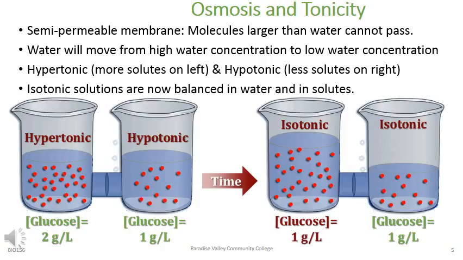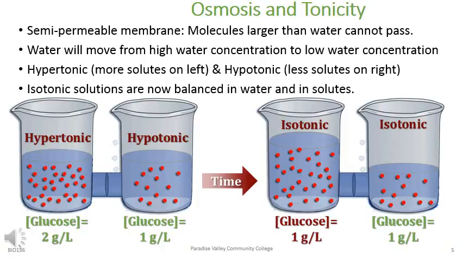Hypertonic solutions will have more solutes than hypotonic solutions. So if you're looking at the illustration on the left, the hypertonic solution has more solutes in it than the solution on the right, which makes it hypotonic.